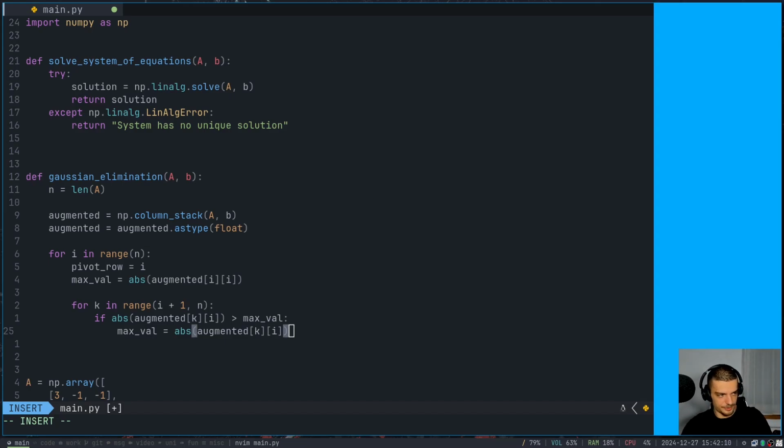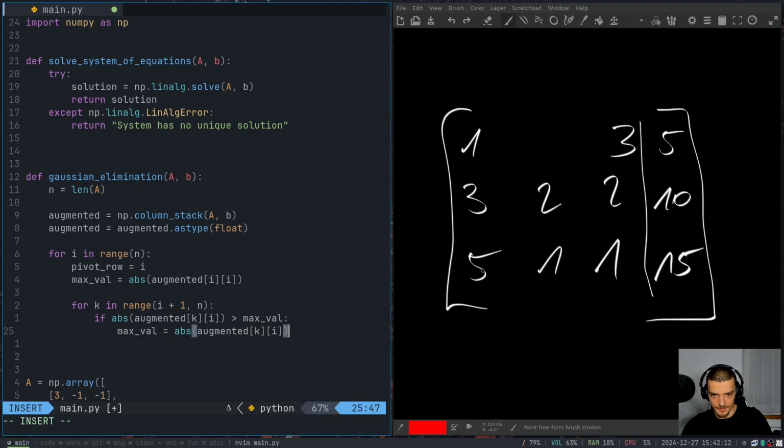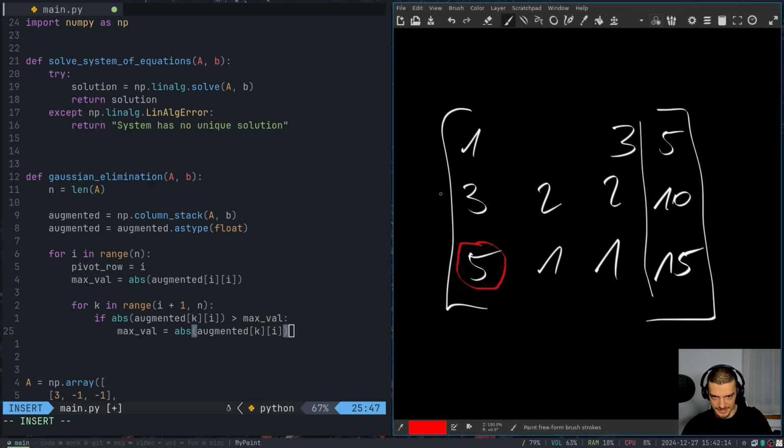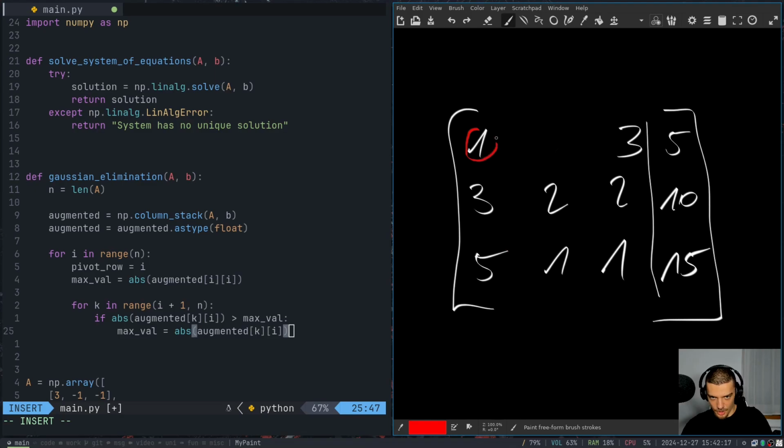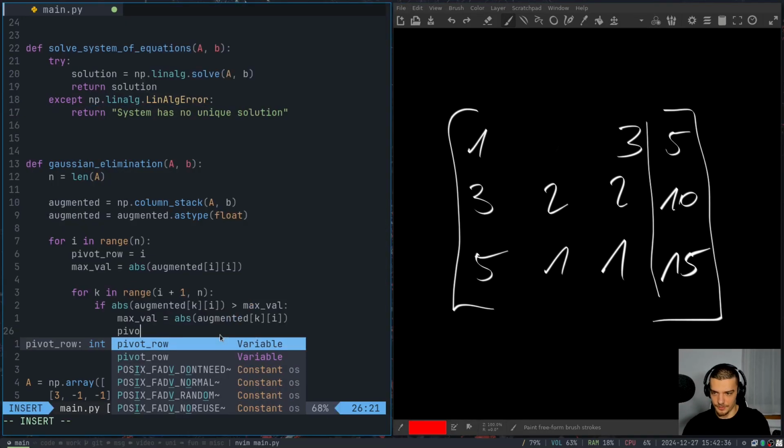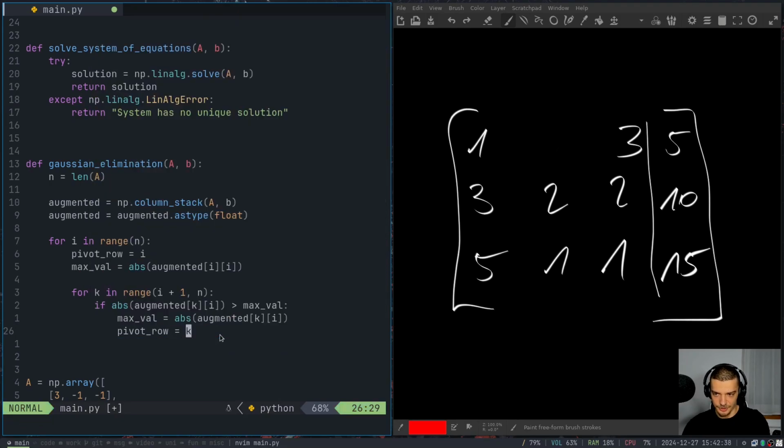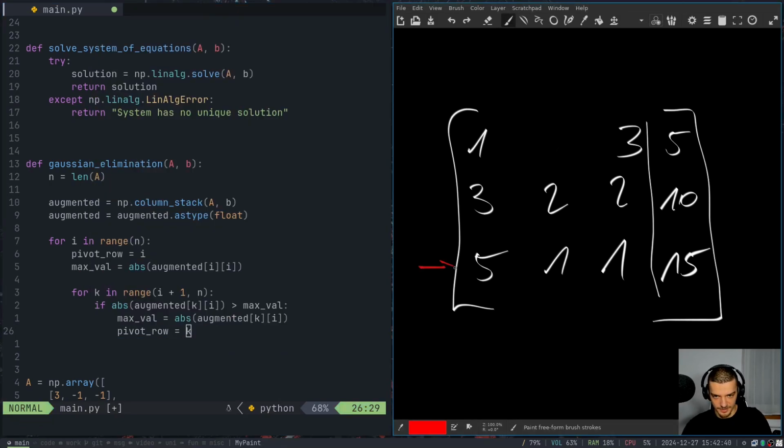If I use the example here again, it would be this value here. I would say this is augmented i, i, so 0, 0 in the first iteration. And then we would say, okay, this one is higher, so now that would be my choice. But then this one is even higher, so that would be my choice. So I basically keep track of the highest value, which at the end would be 5. And I say that the pivot row is going to be k every time I find a new value. So that is now my pivot row.